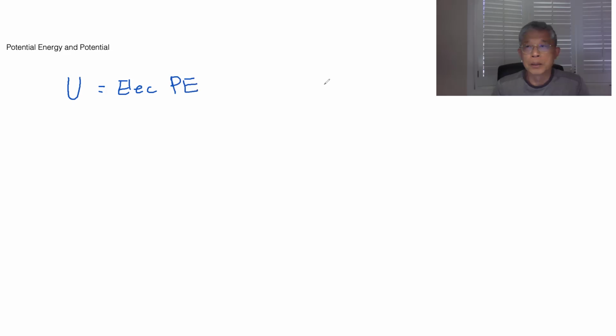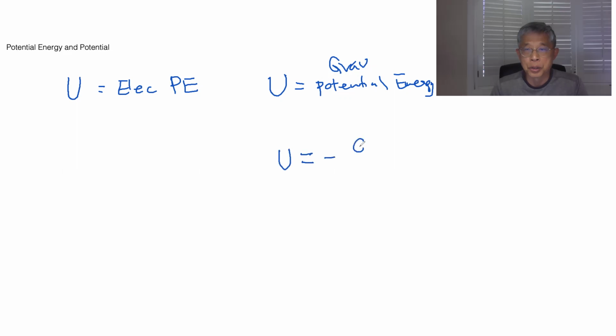And recall in Newton's, we have U also for the gravitational potential energy. And that was U is equal to minus G M1 M2 divided by R. Right?